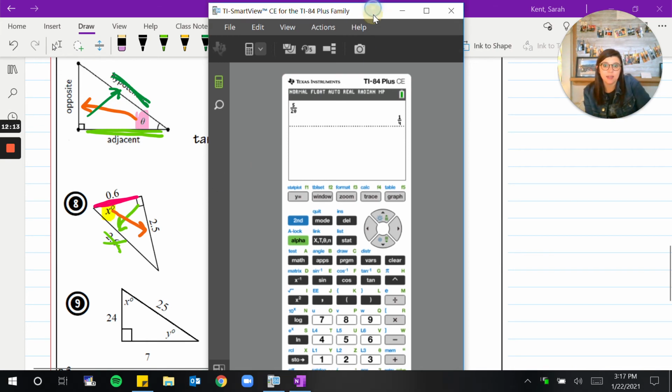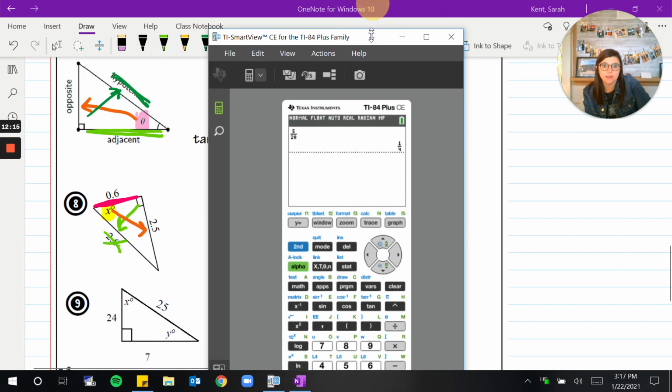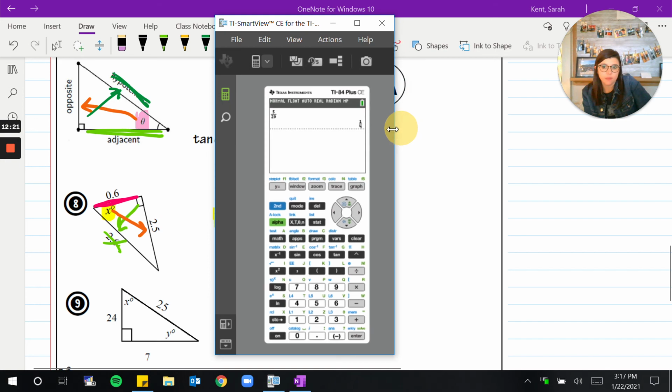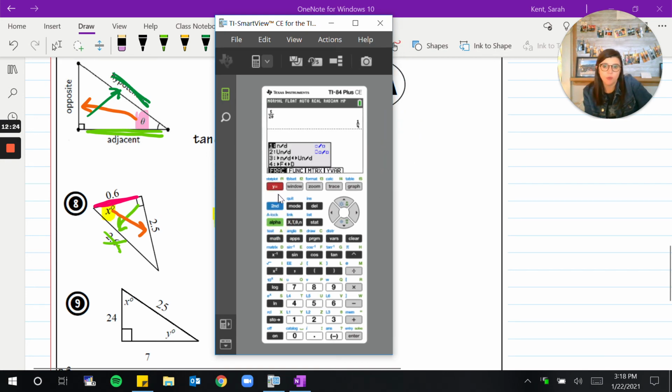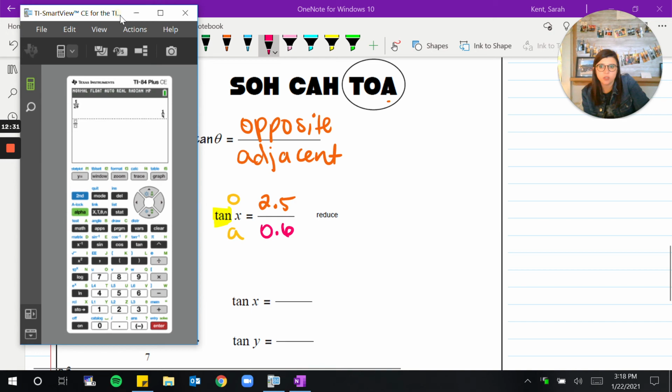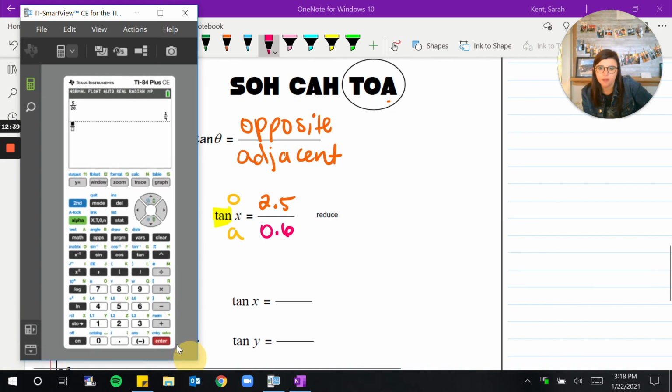I can go to alpha y equals, enter to get the fraction, and then let's see, we've got 2.5 over 0.6, and if we press enter, we get a very crazy fraction.